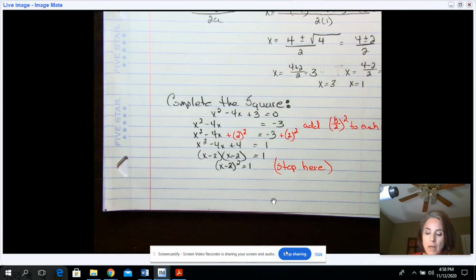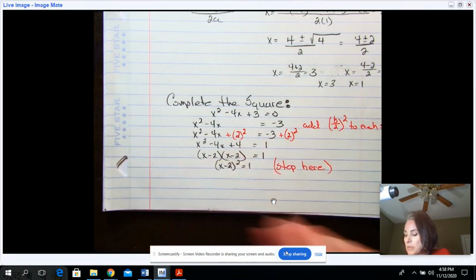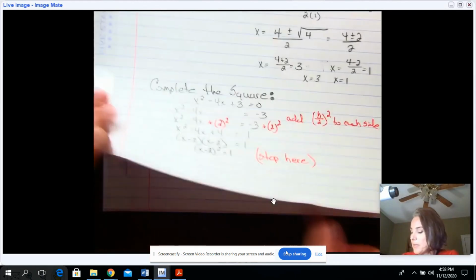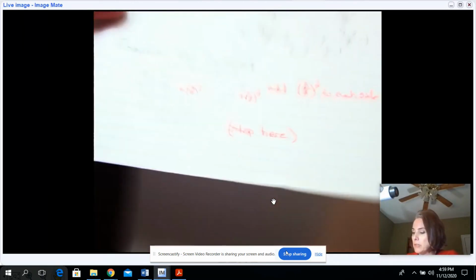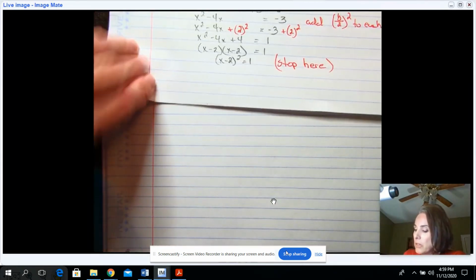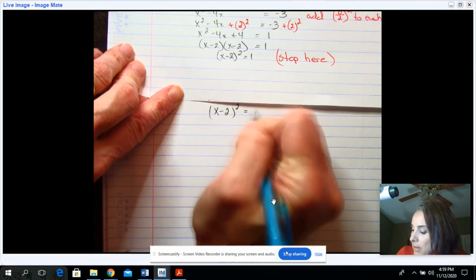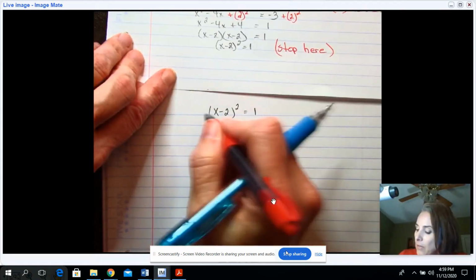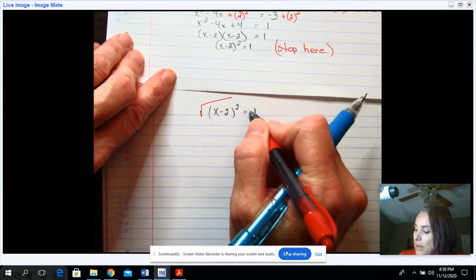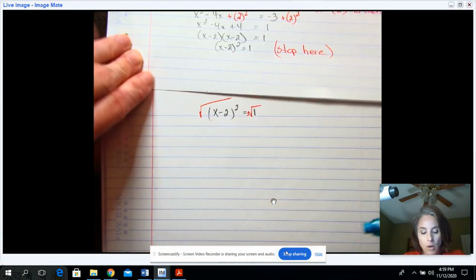But just so you can see, I'm going to finish it out to show how it would work. To solve this, guys, hopefully you remember that you would take the square root of each side, but on this one you'd have to have plus or minus the square root of 1.